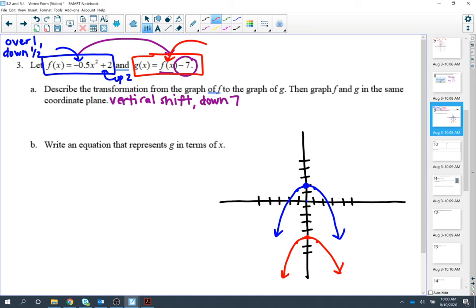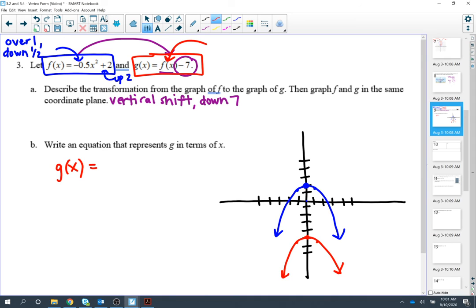Now in part B, write an equation that represents g in terms of x. Meaning up here in this red box we have g of x, but right now it's in terms of f of x, and I don't want that. I want it to look like just a normal function. So g of x equals, take a look at the red graph.